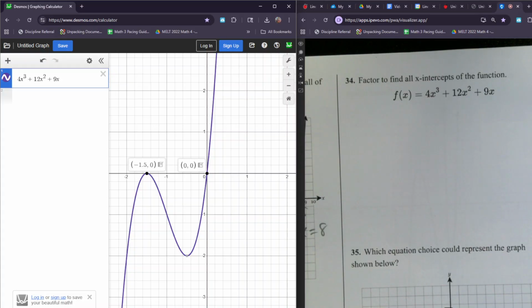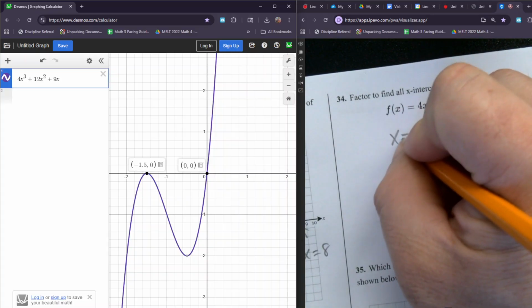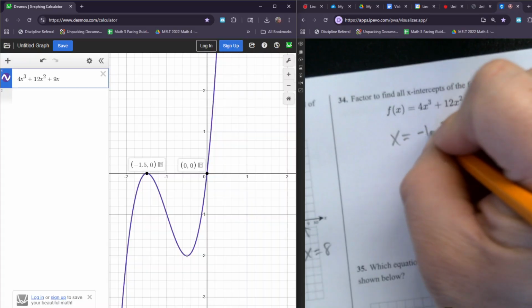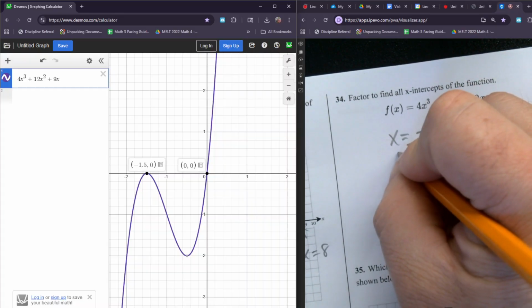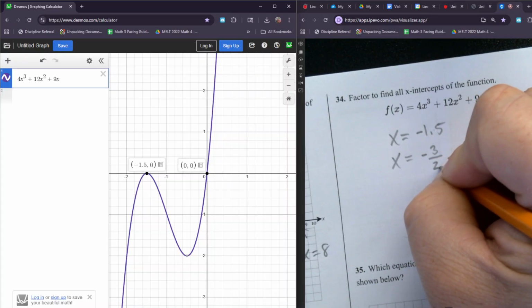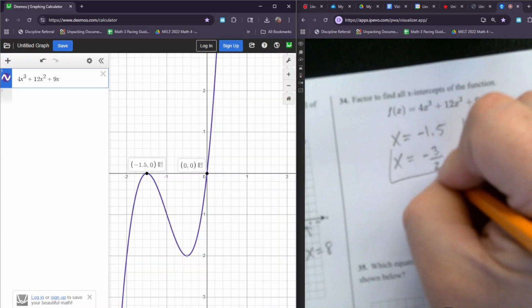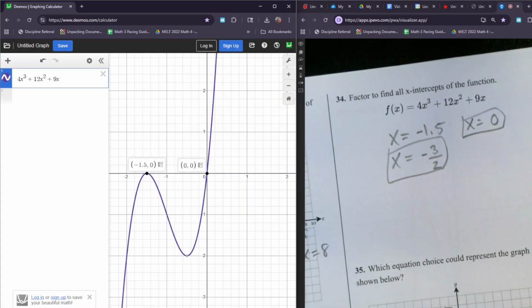You got a double root at -1/2 or -1.5. So x equals -1.5. As a decimal, or a fraction, maybe -3/2. Okay, and then you got one at x equals 0. So that would be your two x-intercepts there.